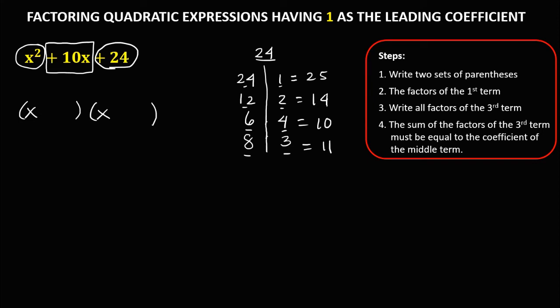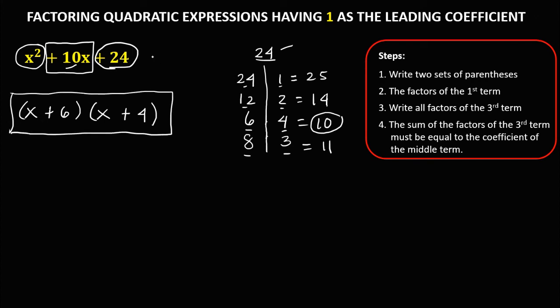Since the sum of the factors must be equal to the coefficient of the middle term, which is 10, the factors of positive 24 are positive 6 and positive 4. So these are the factors of this quadratic expression.